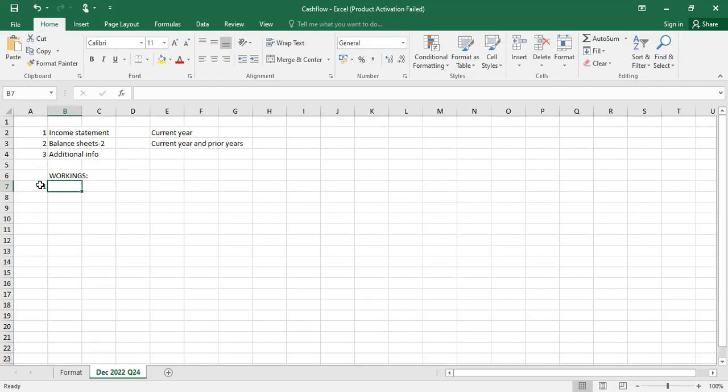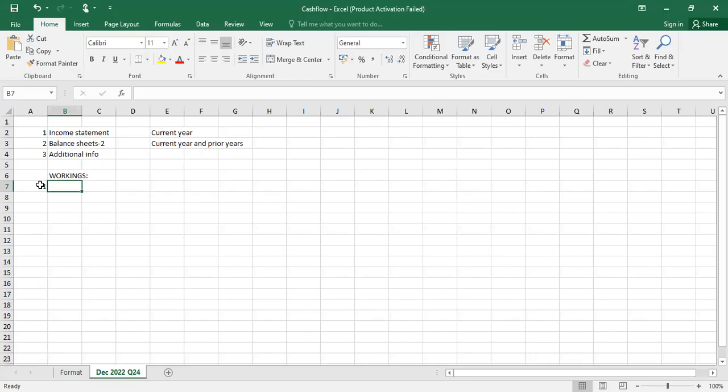We can look at note number one and see what we are told in it, so that we can thereafter make the appropriate adjustments, yeah? When you look at note number one, we are told that the property, plant and equipment held by Bermuda Limited are items of plant and equipment and freehold premises.